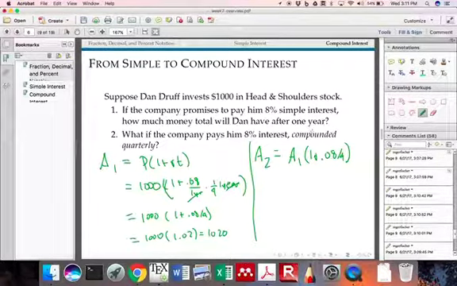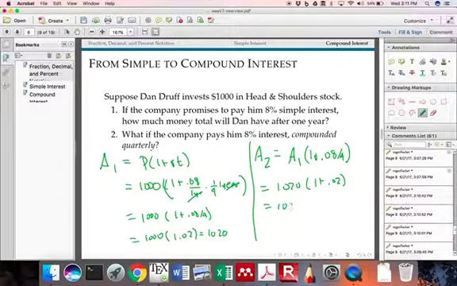That's why it's called compounded interest, because you take the interest you earned in the last compounding cycle, and then you get interest on top of that interest. And A1, remember, is 1,020 times 1 plus 0.02. And let's see, what does that come out to be? I'm going to show you a cool trick.